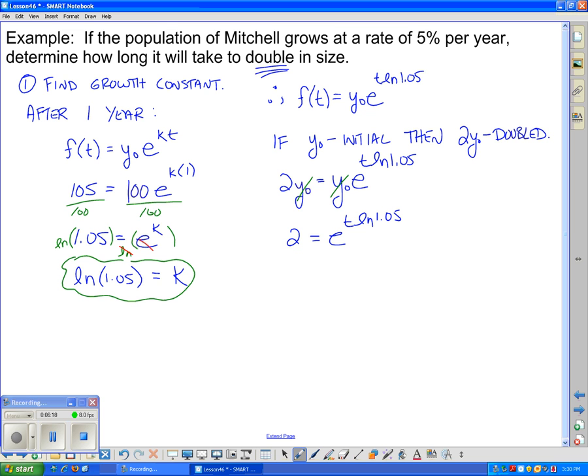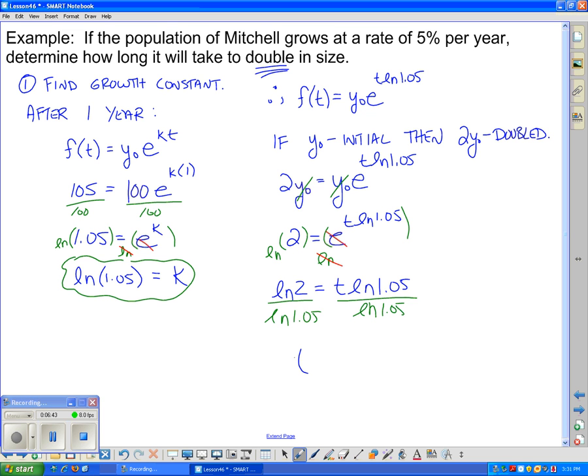At this point, you take the ln of both sides. So ln of this side, ln of this side. We do that because of the inverse operation, it'll cancel out that e. So ln 2 equals t ln 1.05. Divide both sides by ln 1.05, and you have your answer.